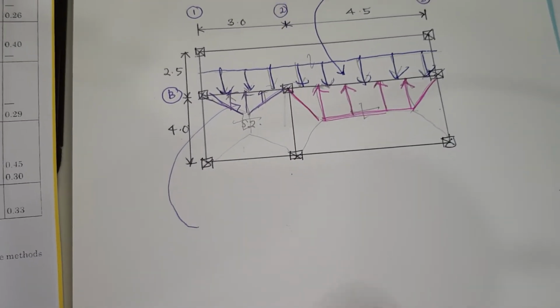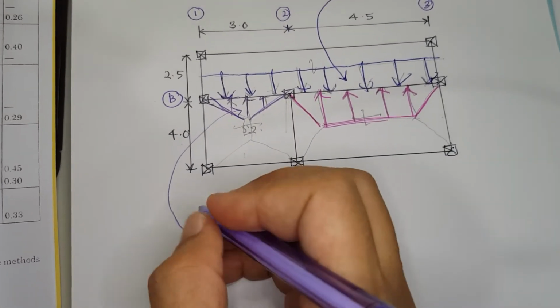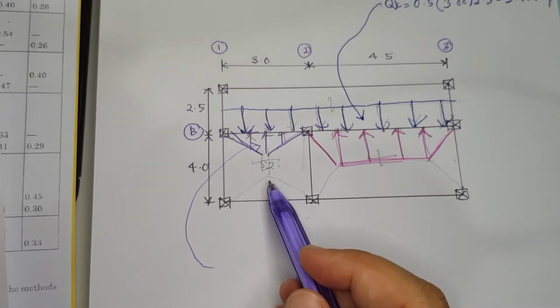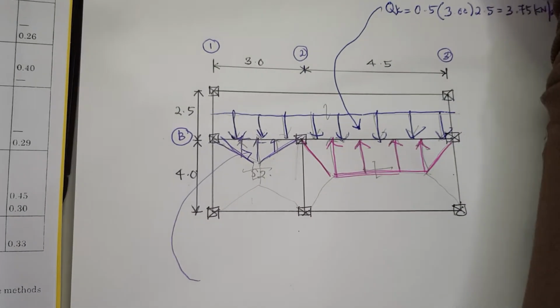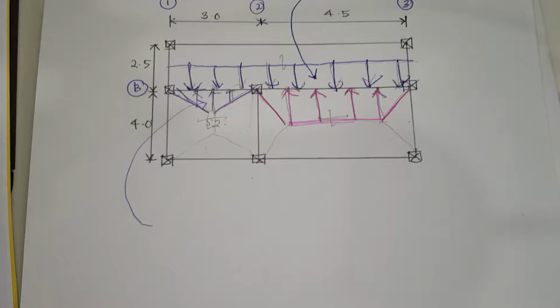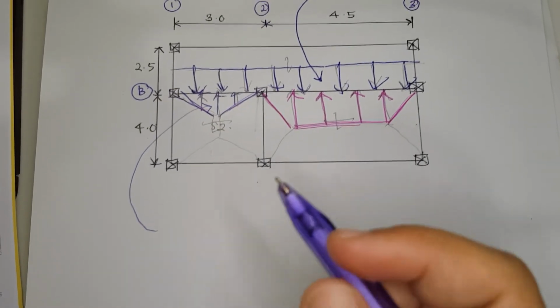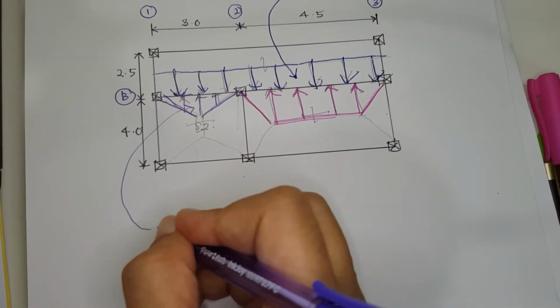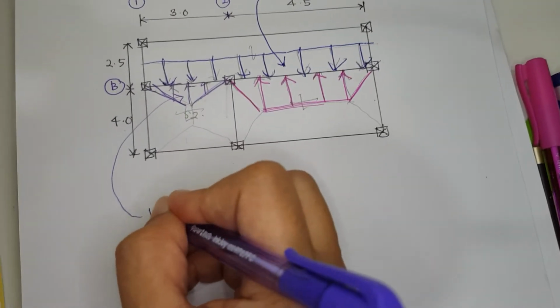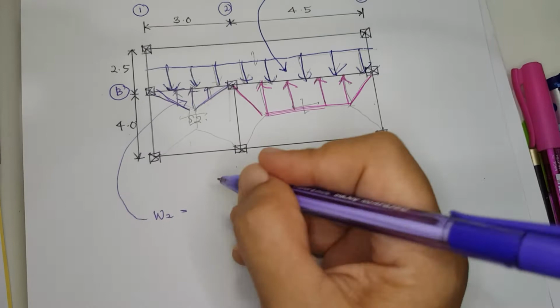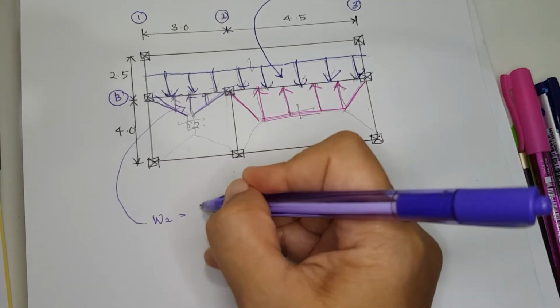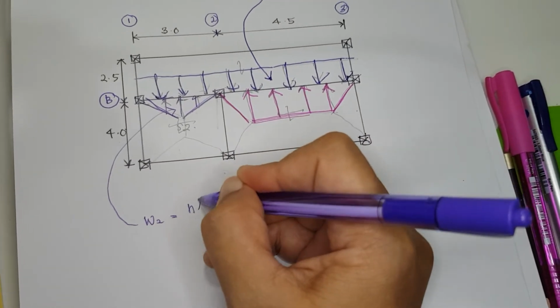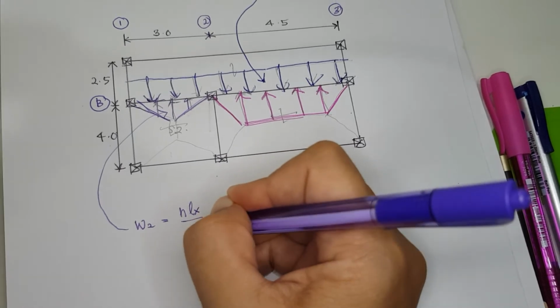For slab number 2, we have two options because this is two-way slab. Our first option is using this equation, and Lx divided by 3.